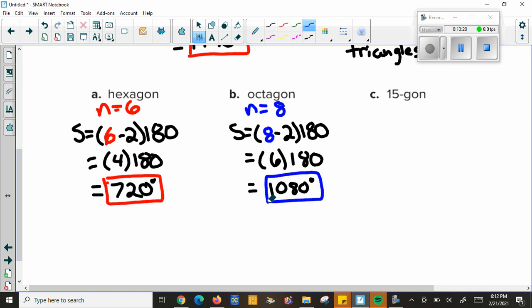And so after we get to 10, most of the time you're going to see something similar to 15-gon. The part more important to us than the name is just the number of sides. And what this means is that n is 15. The prefix just tells me how many sides. So it's great when they just give me a number.